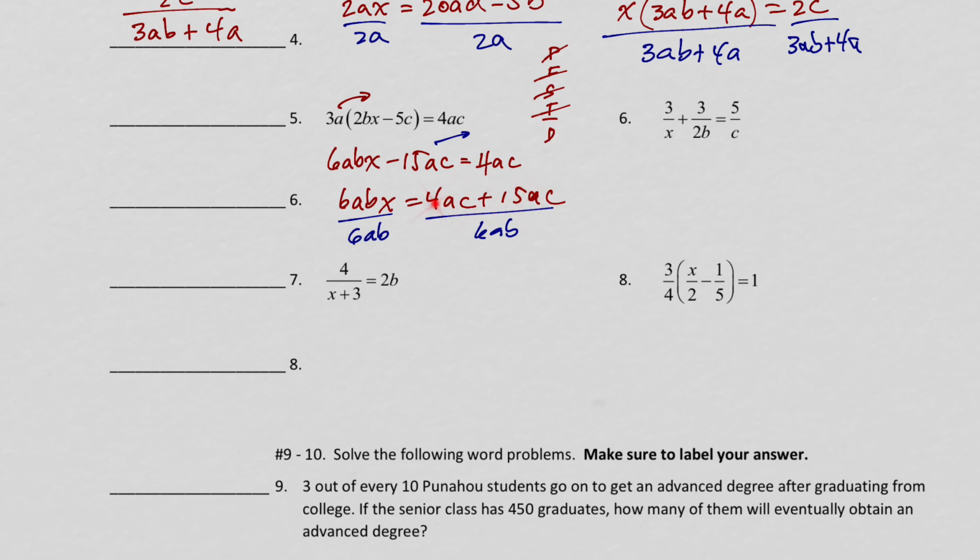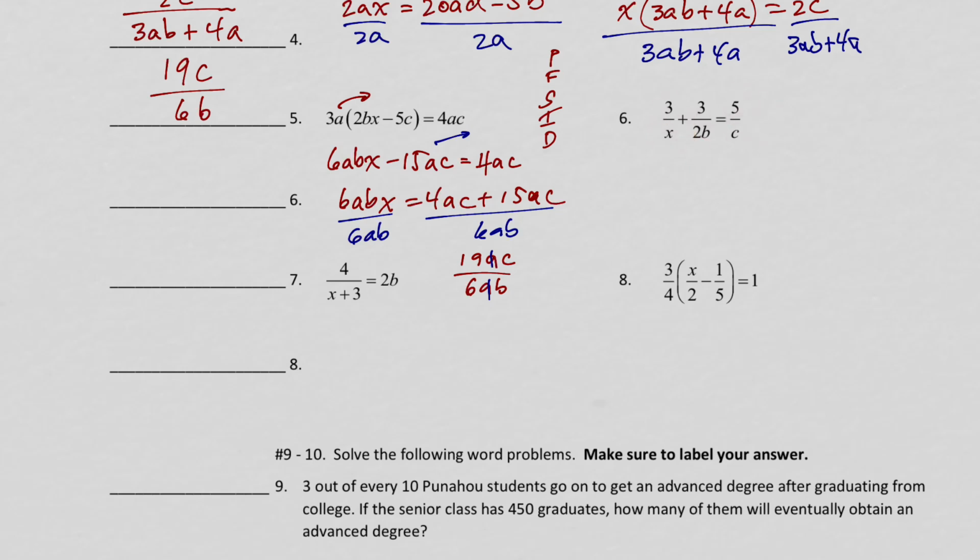So this becomes a 19ac over 6ab. But then the a's cancel, so our final answer is 19c over 6b. And yeah, we have to be careful. These were like terms, so they had to be combined. And then I have that a that can cancel.